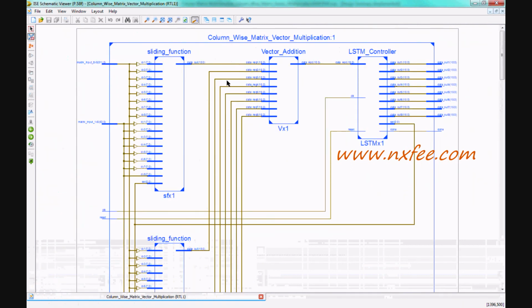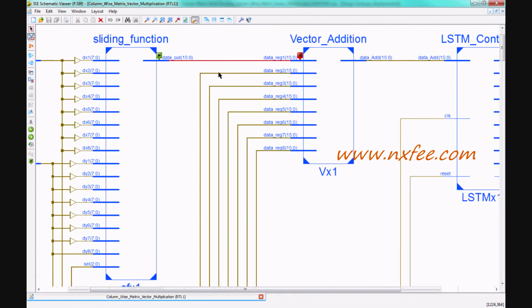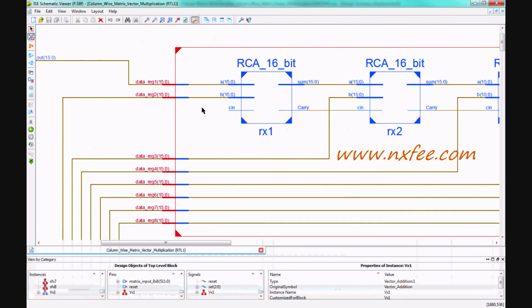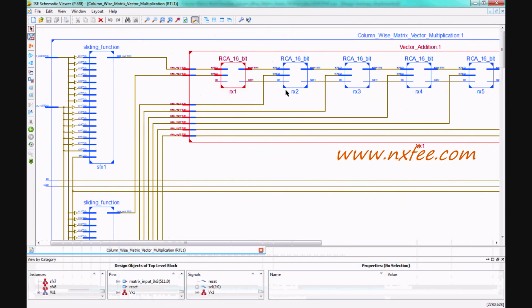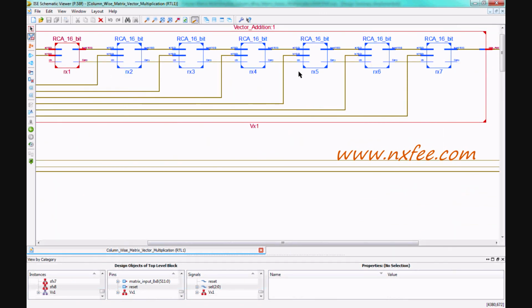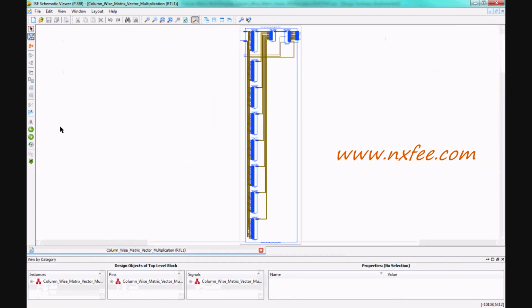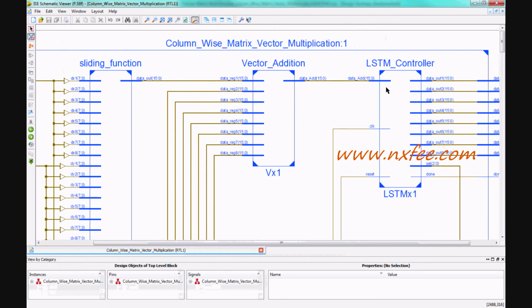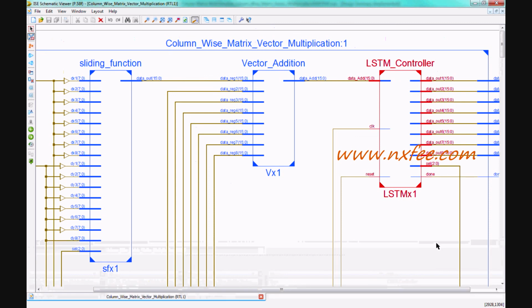After the sliding functions, all the data outputs we have added in the vector additions. For the vector additions we have used a 16-bit ripple carry addition method. This is the architecture for the 16-bit ripple carry addition method. After the vector additions, we give the output to the LSTM controller.